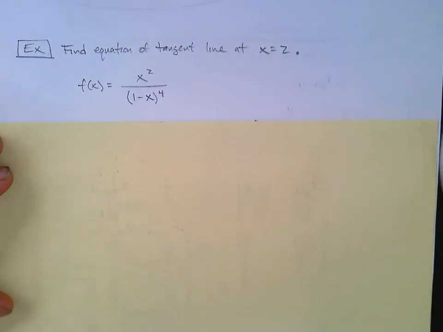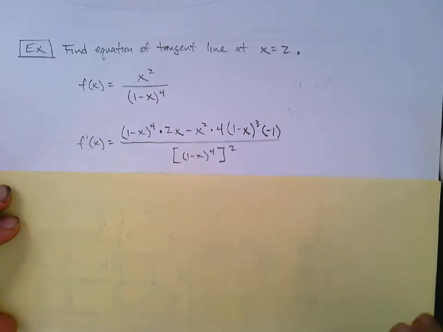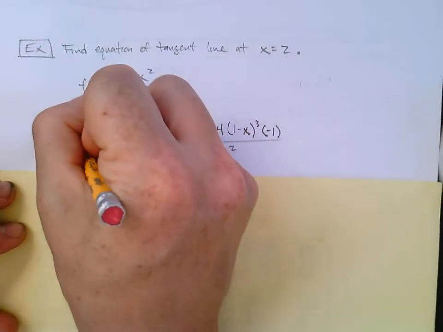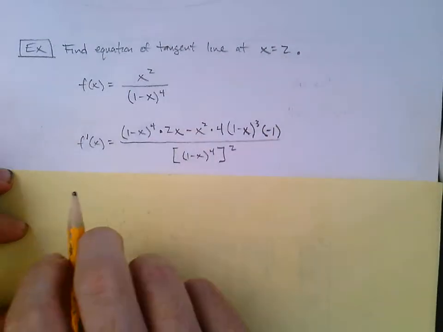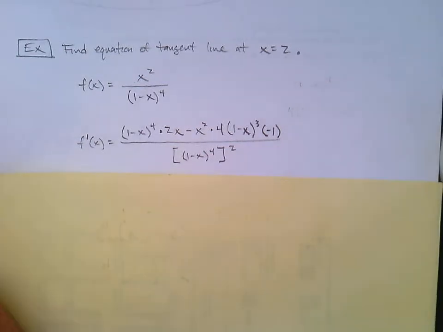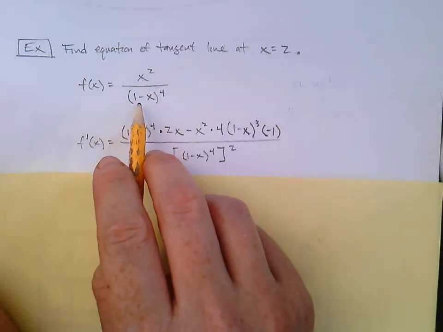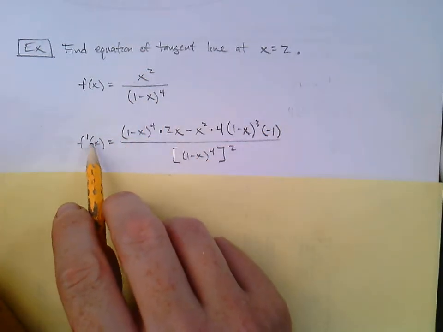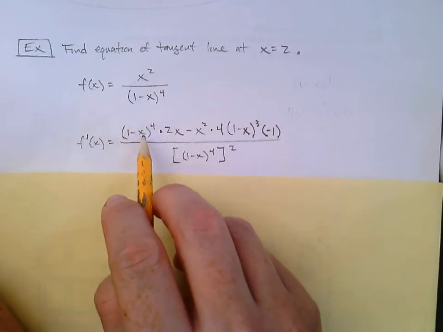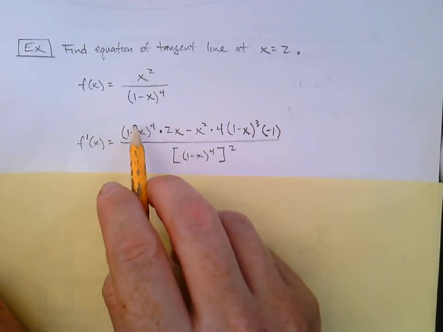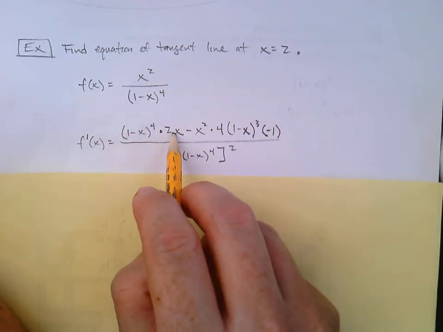Okay, so here it is, and let's talk through it. There's f prime. There's a lot going on. You notice it's got the quotient rule, so we're just going to think high and low. So quotient rule says f prime of x equals the low. We just copy the low, 1 minus x to the 4th, times d high.